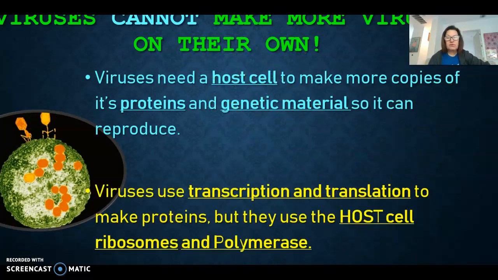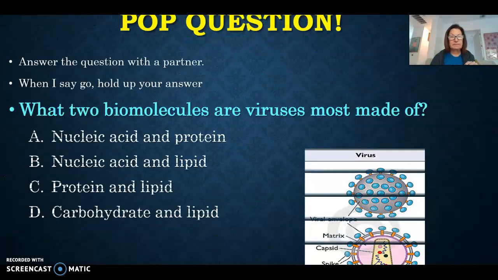Viruses use transcription and translation, which is part of protein synthesis, which we are going to be learning later, to make these proteins. But they use the host cell's ribosomes and polymers, which we're going to be talking about later, in order to do this, because they do not have these things.